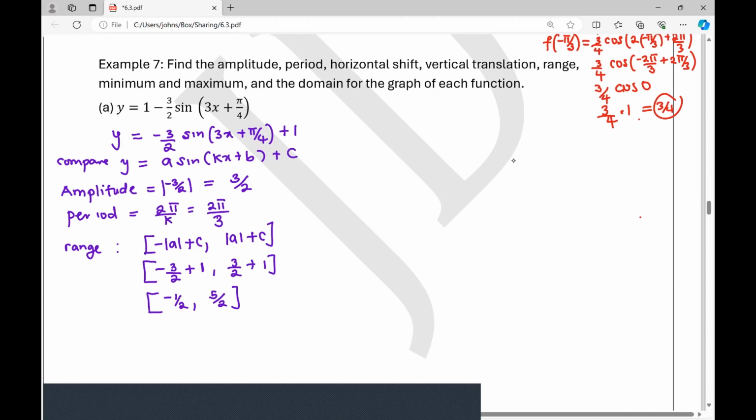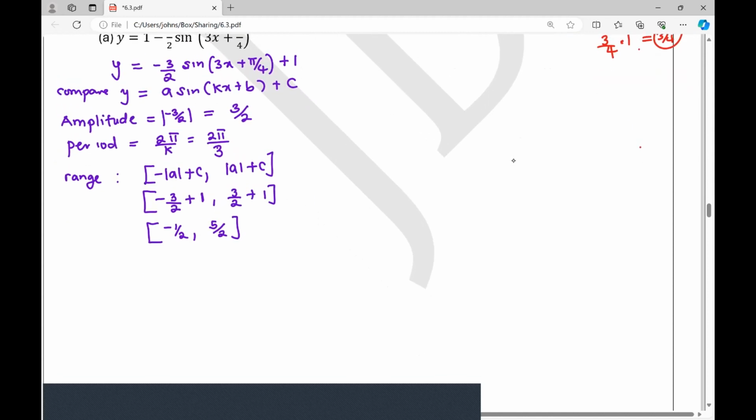So this is the value of y, not the value of x. So now we need to talk about the interval for values of x as well. What are we going to do here? We already discussed two ways of doing this, but one way to get the interval of x is by setting what you have here between 0 and 2 pi.